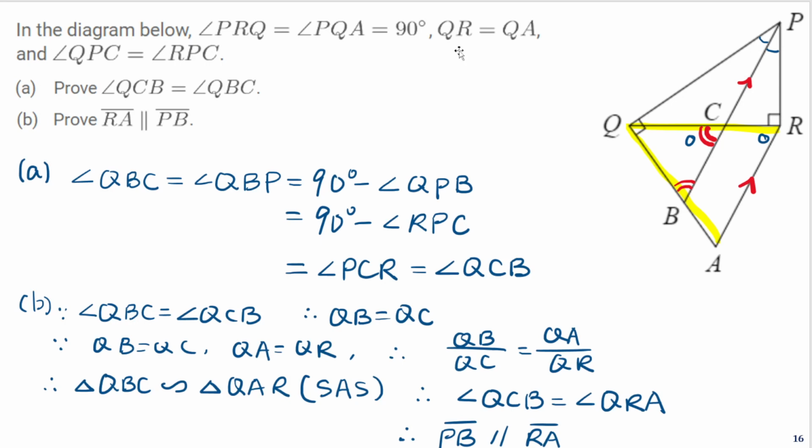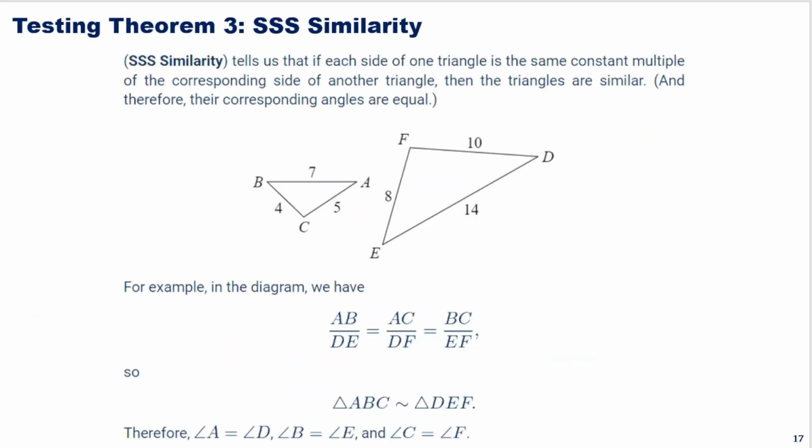Okay, if not, let's see the third theorem we can use to determine similarity, which is called SSS. This theorem tells us that if each side of one triangle is the same constant multiple of the corresponding side of another triangle, then the triangles are similar. For example, in the diagram above, we have AB over DE equals AC over DF equals BC over EF.